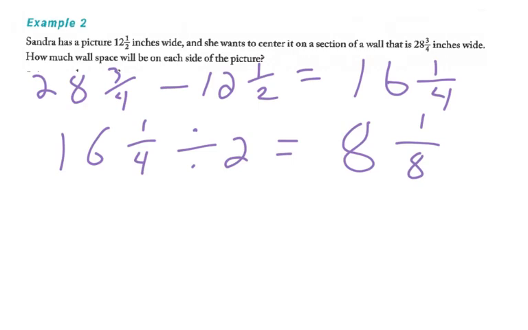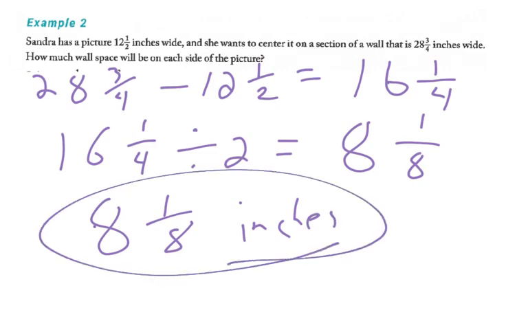And so that means that there is going to be 8 1/8 inches of wall space on each side. So we had to figure out how much wall was not covered by the picture, and then we had to divide that in half to figure out how much wall space would be on each side.